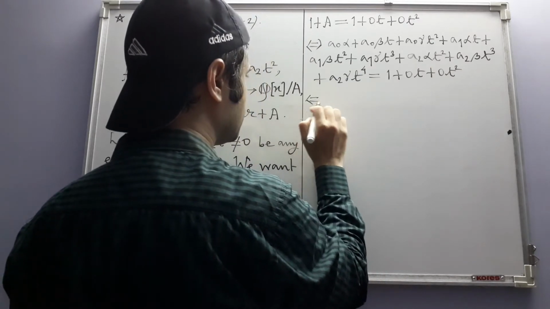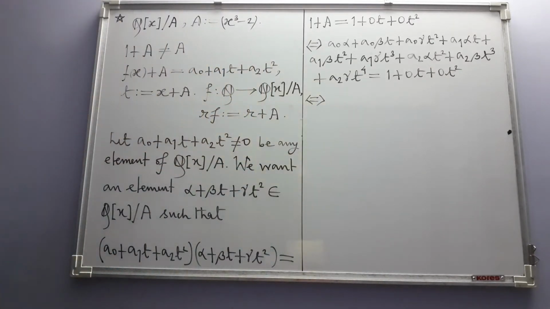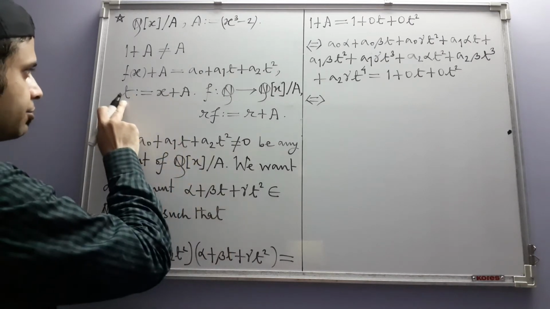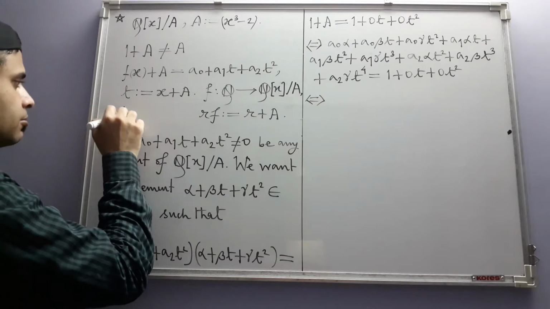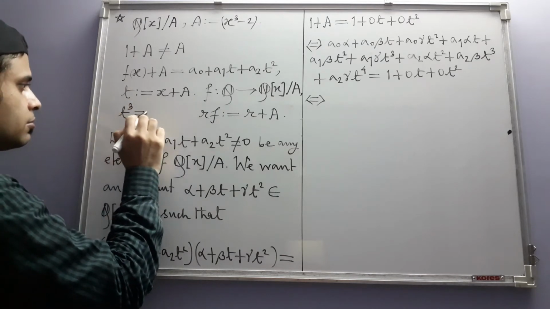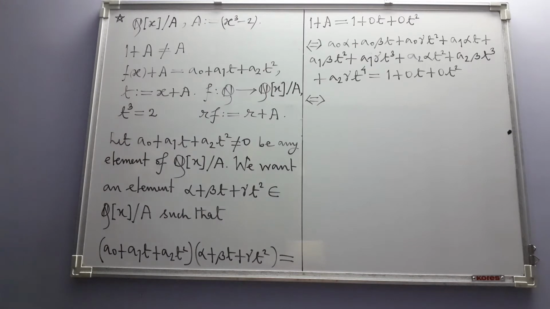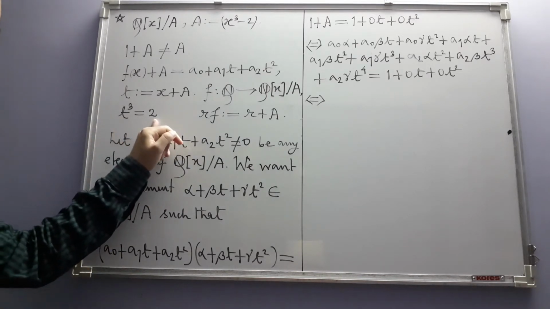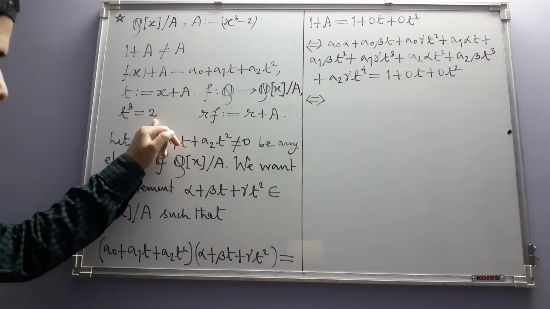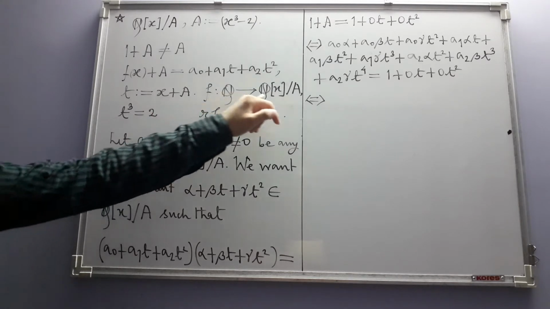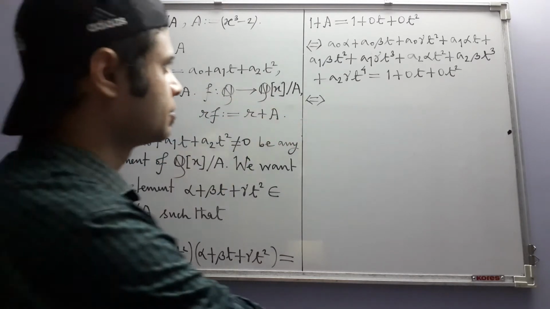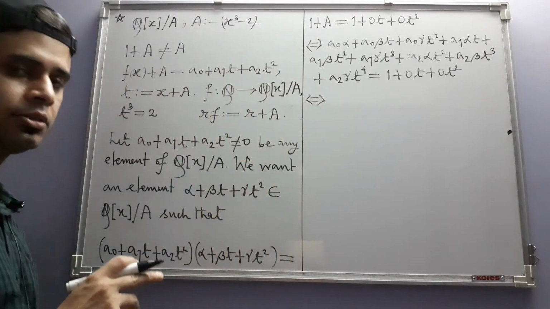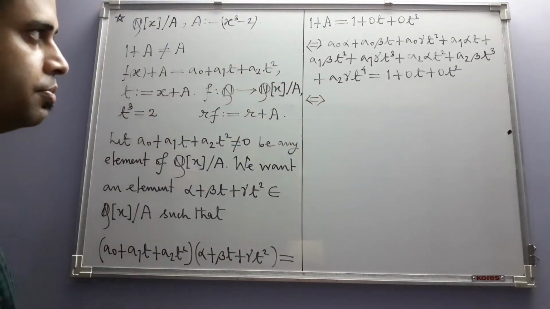Okay, now what about t square, what about t cube and t to the power 4? You recall that for this particular element, we proved this also. Now here also, this 2 actually is the coset 2 plus a. However, you can think of it as the rational number 2 also. It does not matter because of this embedding. So that means in place of t cube we can write 2.